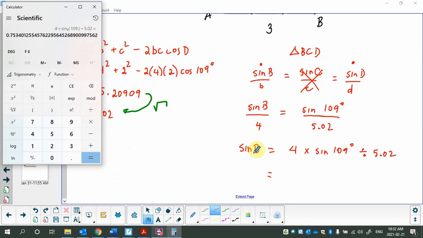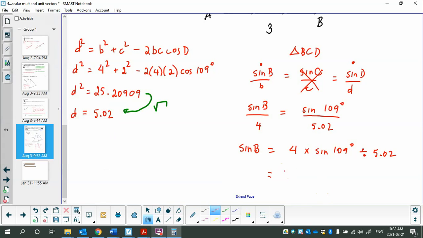It's sine B. So reaching back into grade 10 and or 11, I need to do second function sine to get 48.9 degrees.